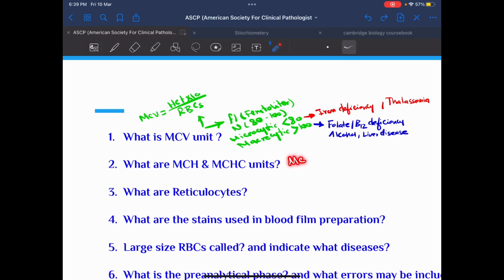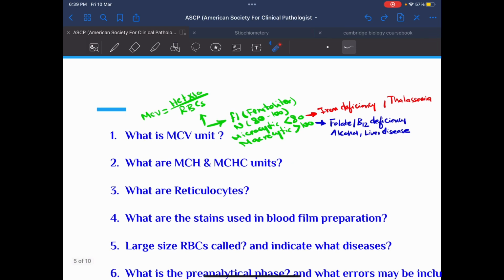And MCH stands for mean corpuscular hemoglobin, and MCH is the measure of hemoglobin of RBCs.